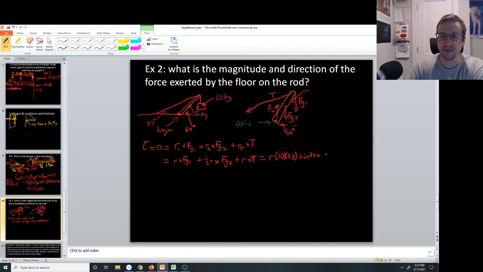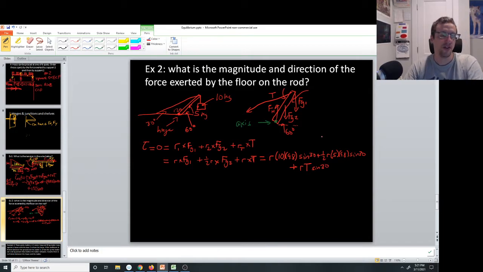And then I've got 1 half R times 5 times 9.8 times also sine of 30. And then I'm going to have plus R cross T, so this is going to be RT. I know what this angle is. It turns out this angle is also 30. You can do that because if this is 60, this is 120. So that means it's angle 30, 30, 120.